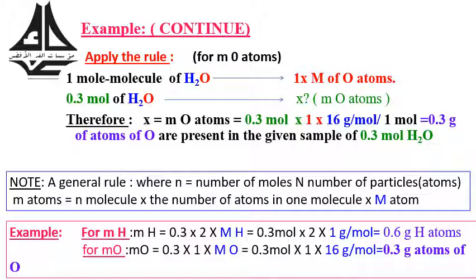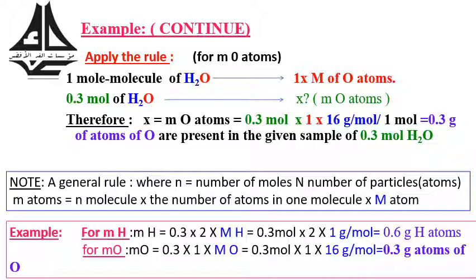Example, for this same example, the mass of H equals 0.3 mole, which is the number of moles of the molecule, times 2, which is the number of H atoms in one molecule, times the molar mass of that atom. So 0.3 times 2 times 1 gram per mole equals 0.6 gram of H atom.